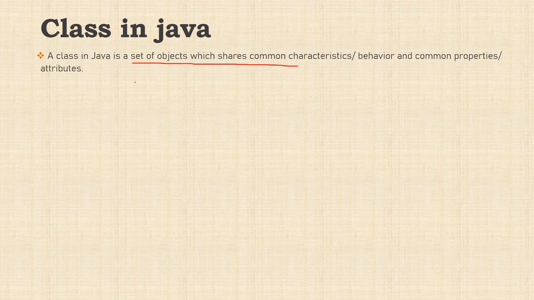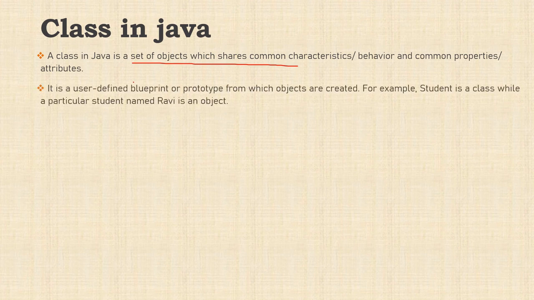So it's a set of objects, a group of objects. It is a user defined blueprint or prototype from which objects are created. So the object will be created from the class.